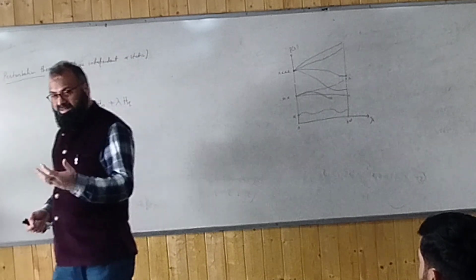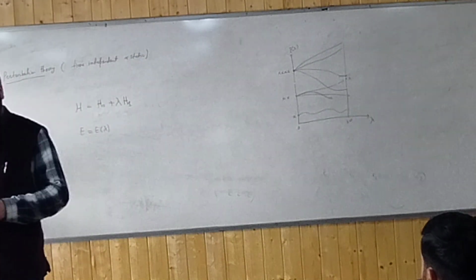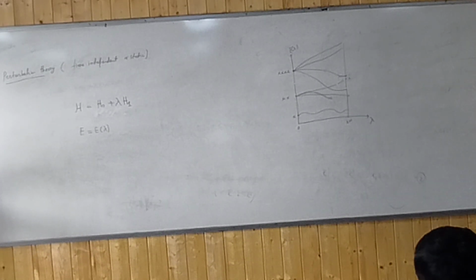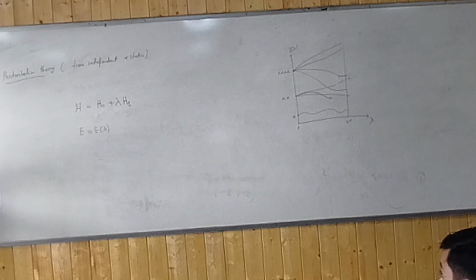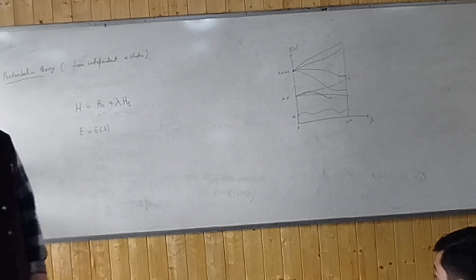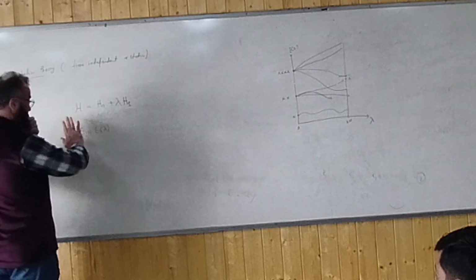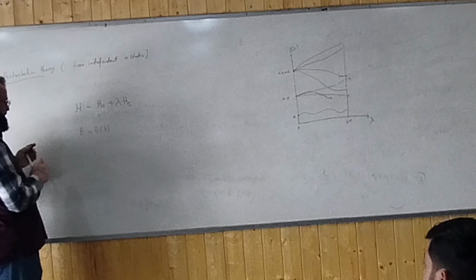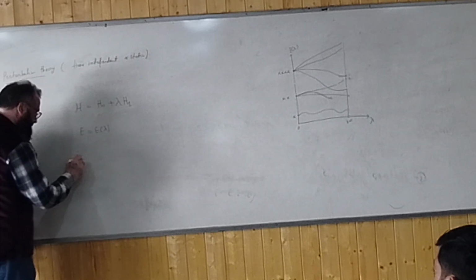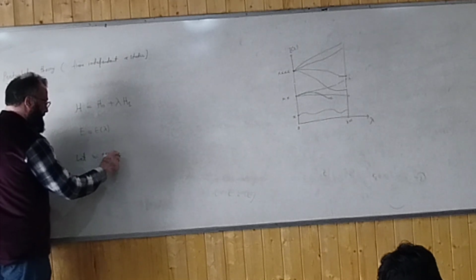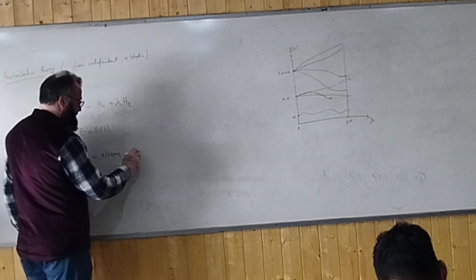It's not necessary that all systems possess level crossing. This is actually the effect of the perturbation. It allows you to get an idea of where the energy levels are and how they are affected. Got it? Okay, good. Now let's move ahead. Let's assume unperturbed.